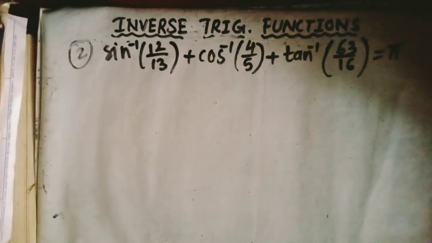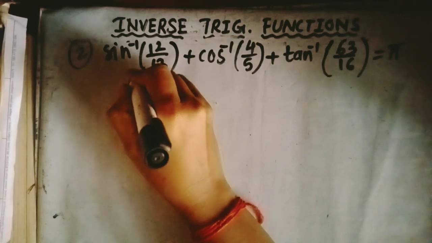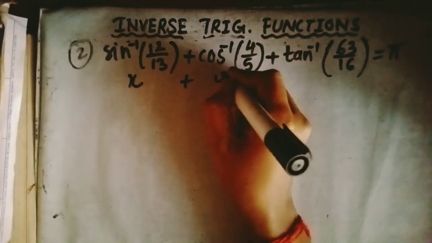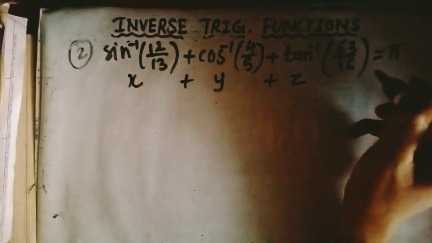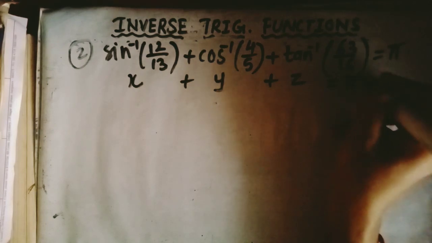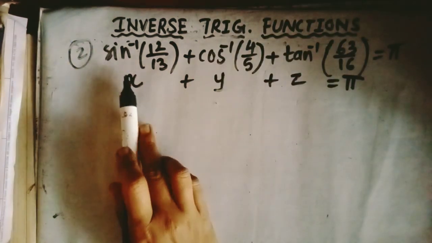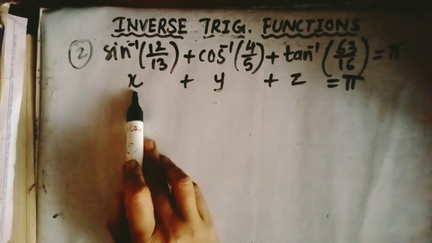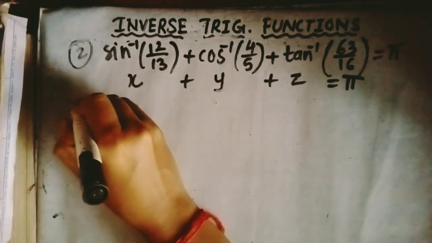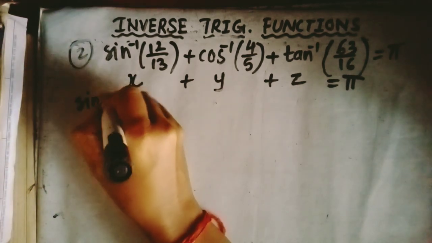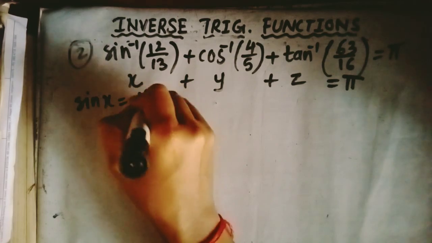Next question. So here three terms are given: sine inverse, cos inverse and tan inverse. So I'll put this term as x, this term as y, and this term as z. So sine inverse 12 upon 13 is equal to x. So our sin x is 12 upon 13.